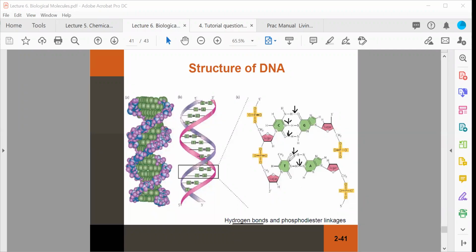When there's a thymine on one strand of DNA, it will only bond to an adenine in the opposite strand. And that's because of the number of hydrogen bonds that can be formed between those neighbouring nitrogenous bases. So they're hydrogen bonds and phosphodiester linkages in DNA.